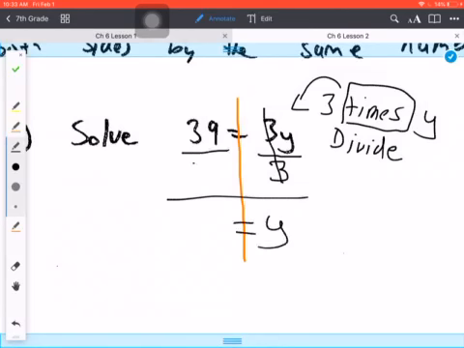Same thing is going to happen on the left side. I'm going to create a fraction, where now it's an improper fraction because the numerator is larger than the denominator. And I'm going to simplify this, and 39 over 3 simplifies to 13.